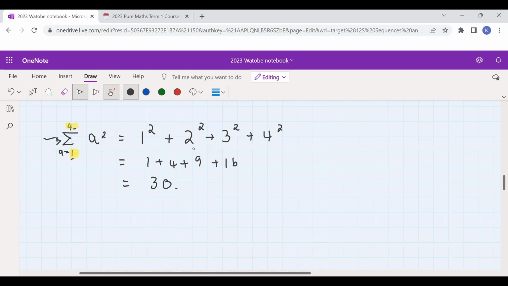The 1 and 2 was there, but you don't want the sum including number 1 and 2. You just want the sum of number 3 and 4. Do you get it now? Does it make more sense? Yes, ma'am.